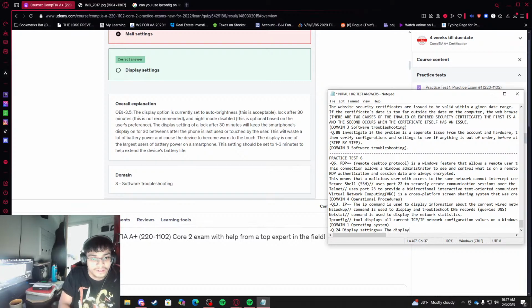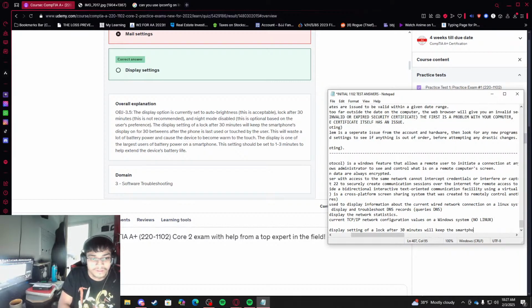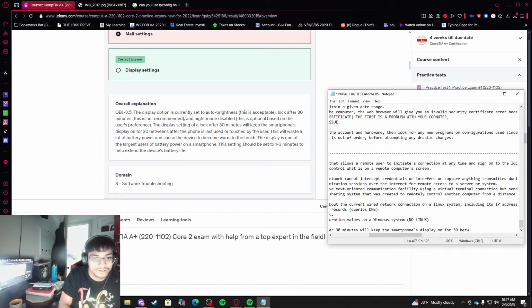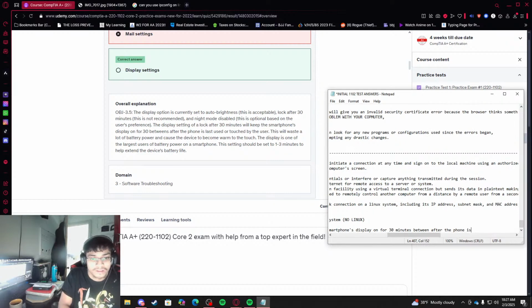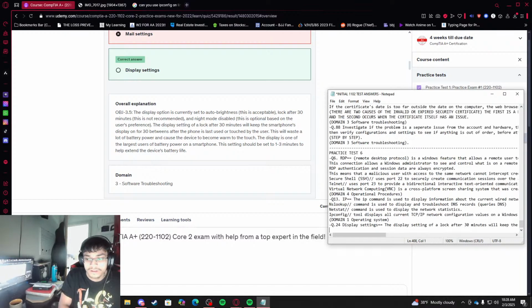We'll just write this part down. Keep smartphones' display on for 30 minutes after the phone is last used or touched by the user.